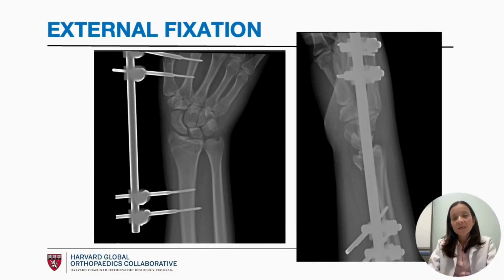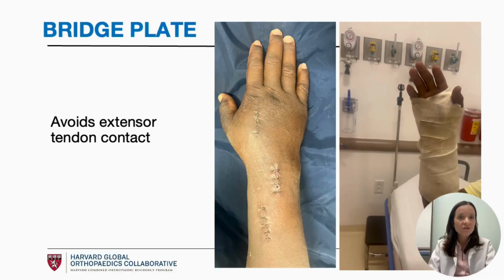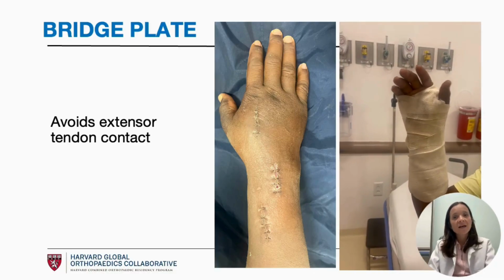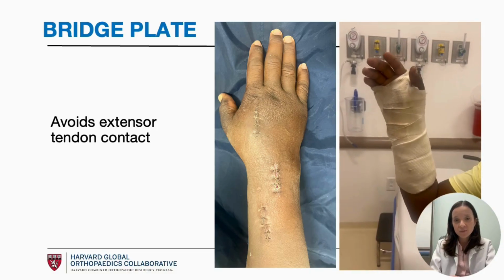Moving on, external fixation achieves reduction through ligamentotaxis. It controls carpal translation and axial load. It's quick, it's minimally invasive. The bridge plate offers a similar effect as external fixator, but it is easier for the patient to manage in the post-op.